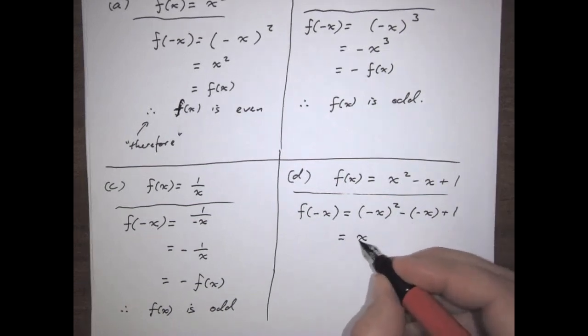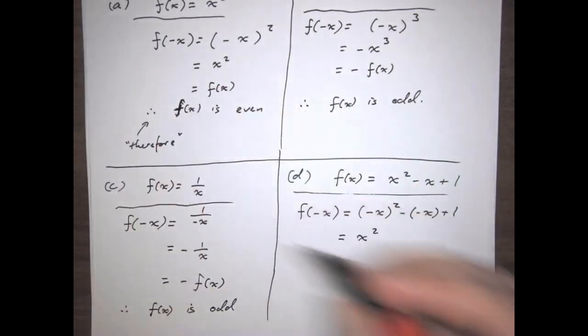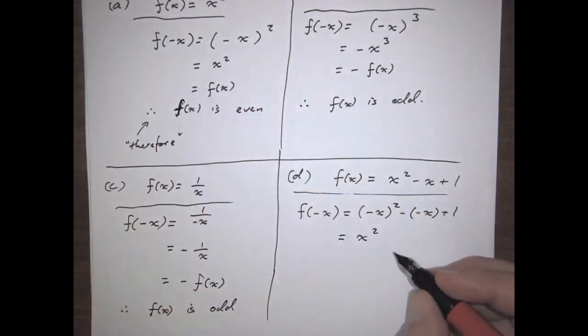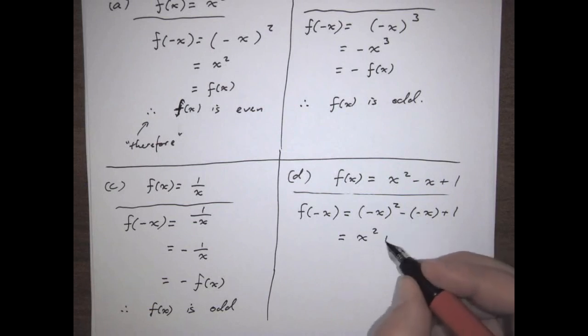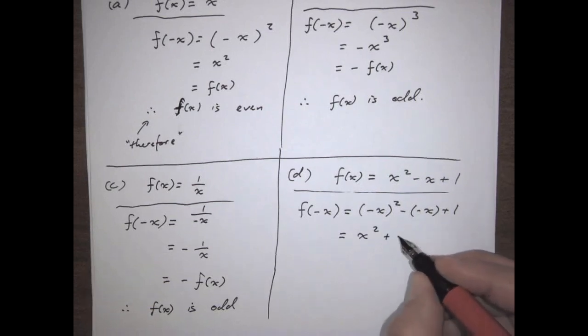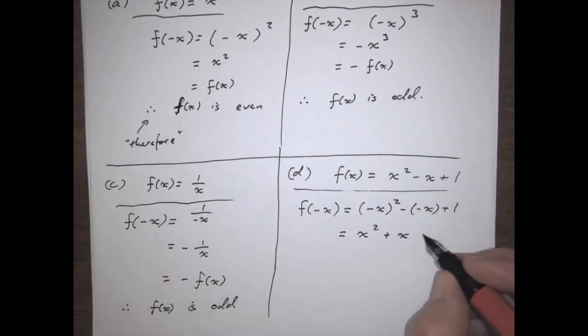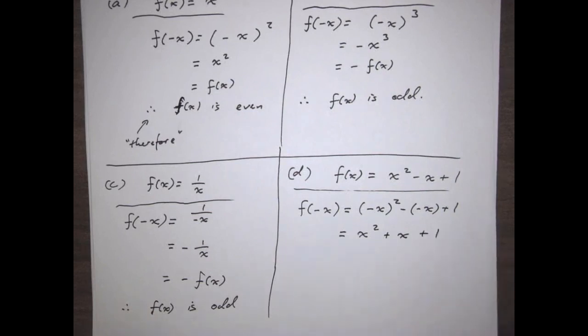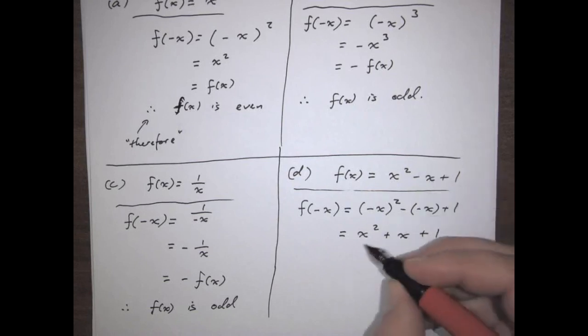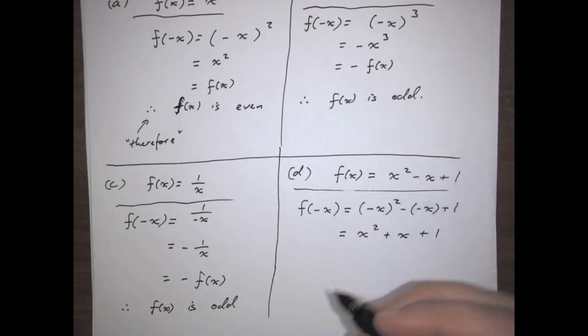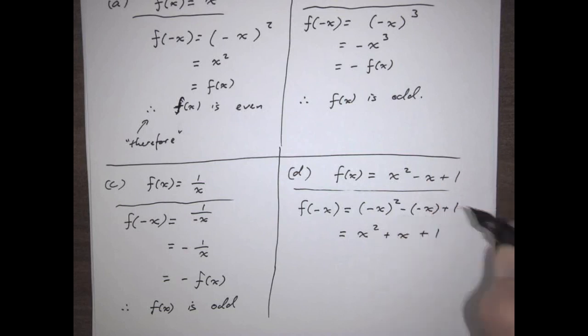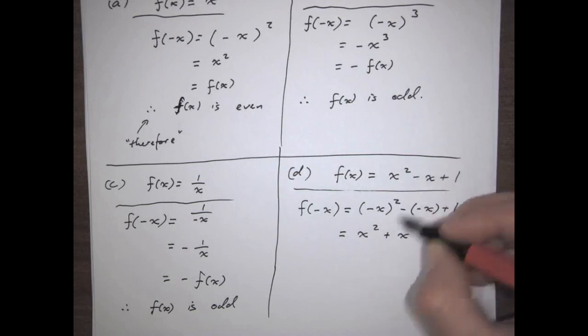But here what we have, as actually stated up there, is just x squared. Over here, what we have is plus x, and then plus 1. So this, if we compare it with the original function, is not exactly the same as the original function, but it's also not exactly the opposite of the original function. This term and this term are the same, this term is the opposite.